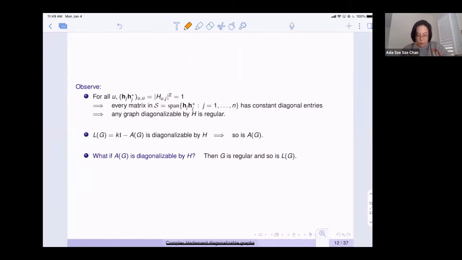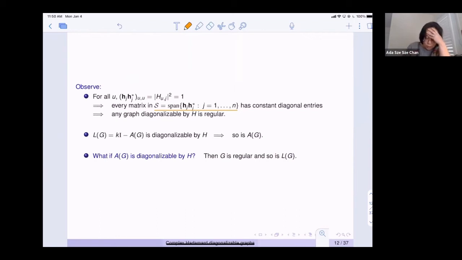Okay, so what more can we say? The space of matrices that are diagonalizable by H is given here. If you look at each of these matrices H_j H_j conjugate transpose and look at the diagonal entries, I'm looking at the (u,u) entry here.